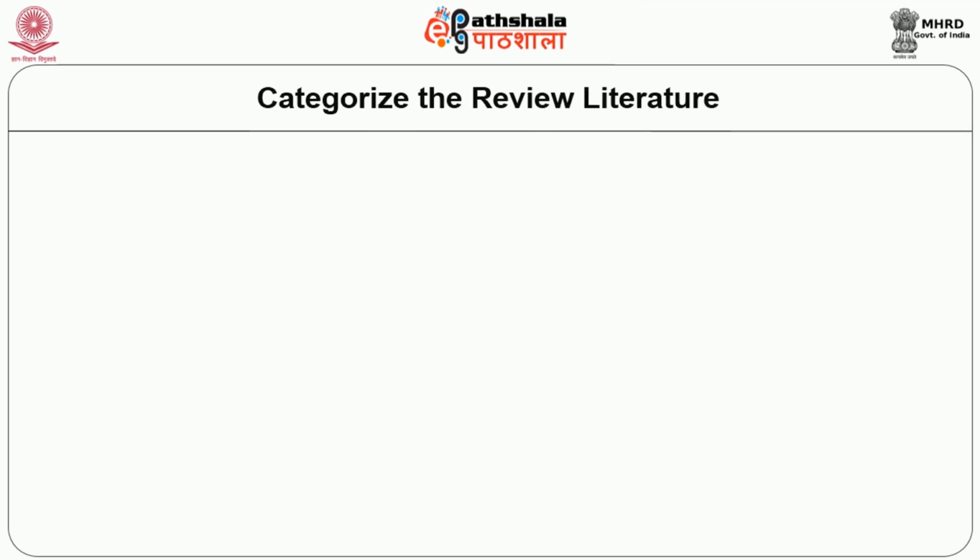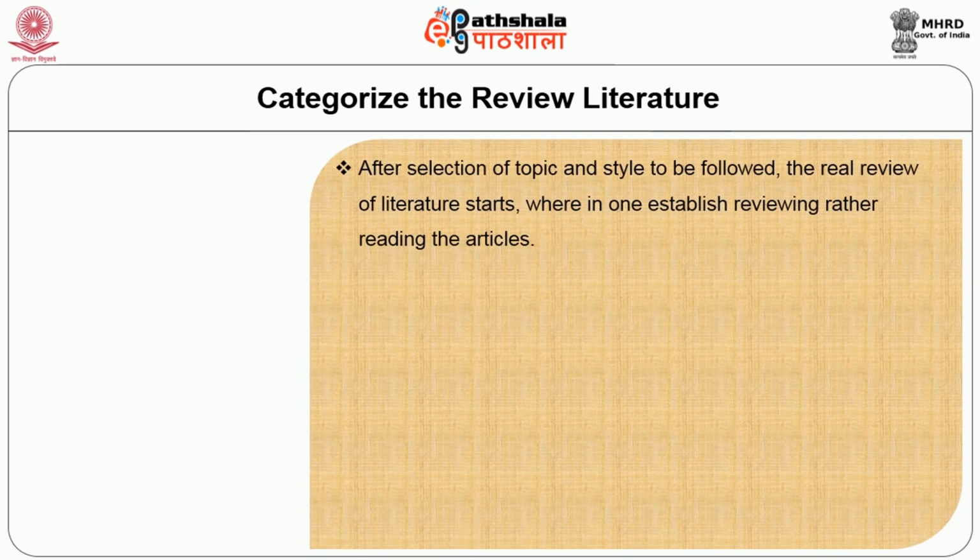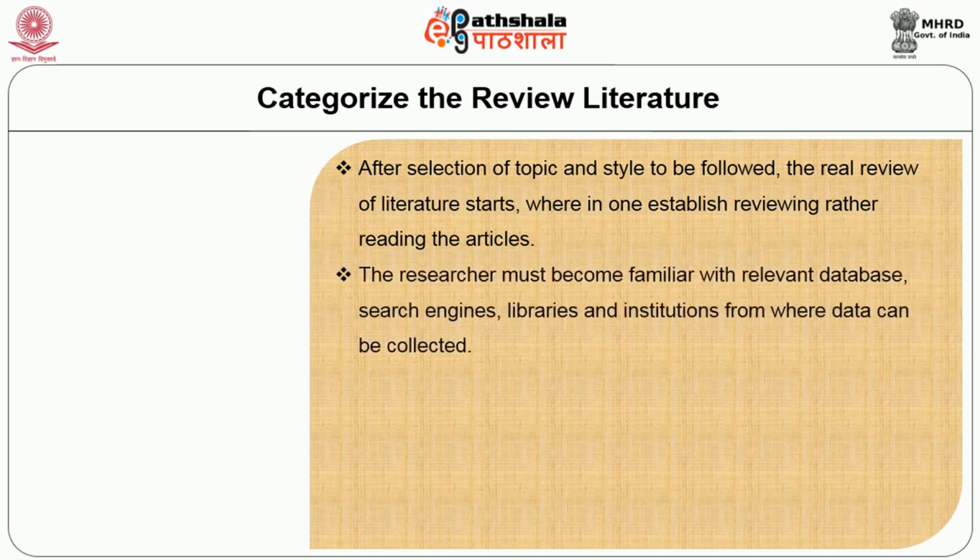The next step to be followed is categorizing the review of literature. After selecting the topic and style to be followed, the real review of literature starts, wherein one establishes reviewing rather reading the articles. The researcher must become familiar with the relevant database, search engines, libraries and institutions from where data can be collected.